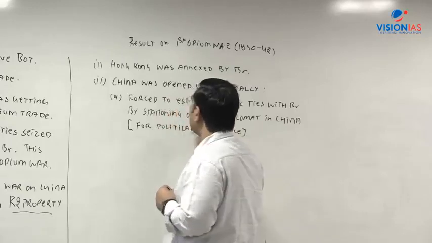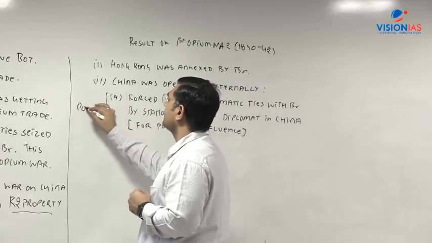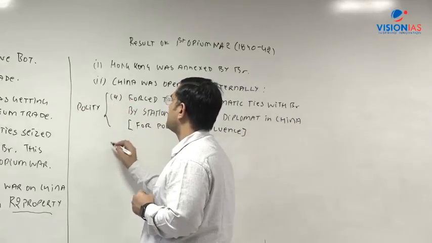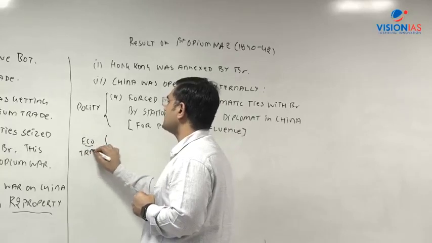So China is opened up externally. First, in the domain of polity, this is what is being done, and second, in the domain of economics and trade also, some things are being done.